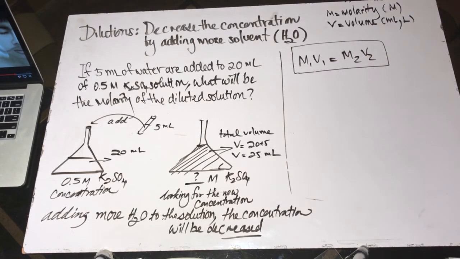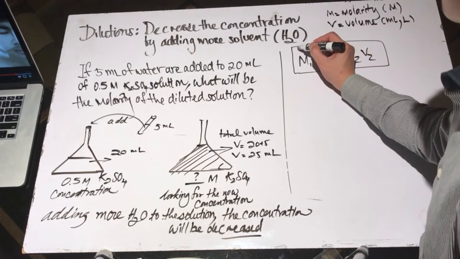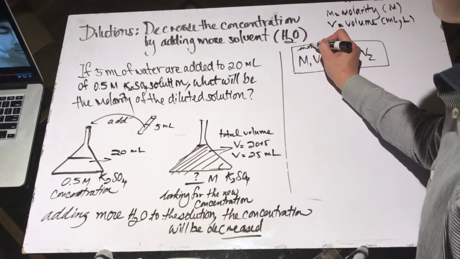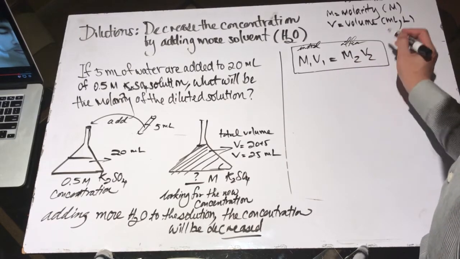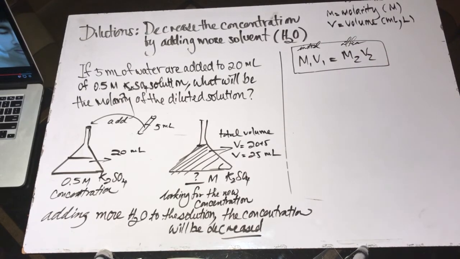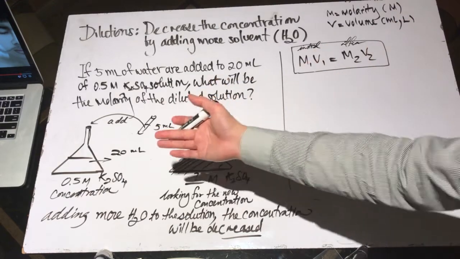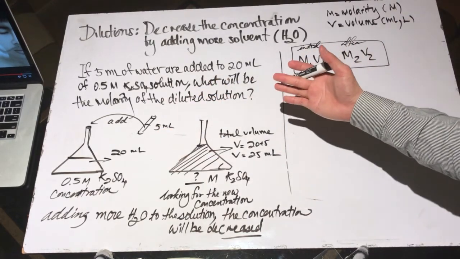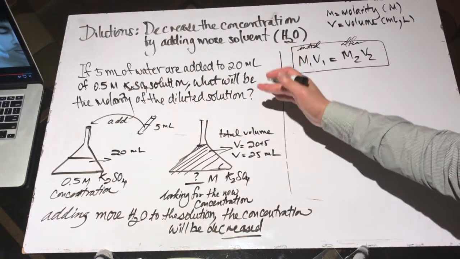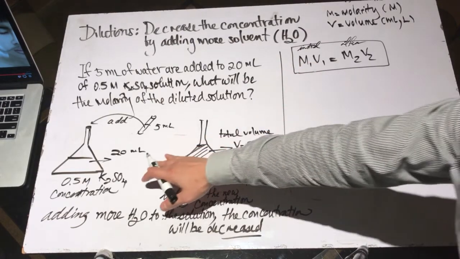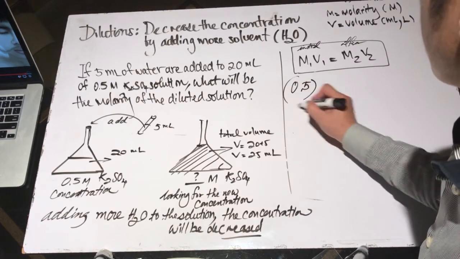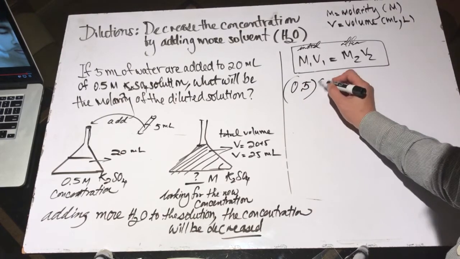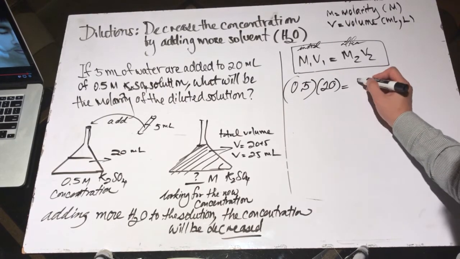Basically, we could say this is initial and this is after. Based on your interpretation of the question, the solution by itself has that, so the first volume is 20. That's what we have.